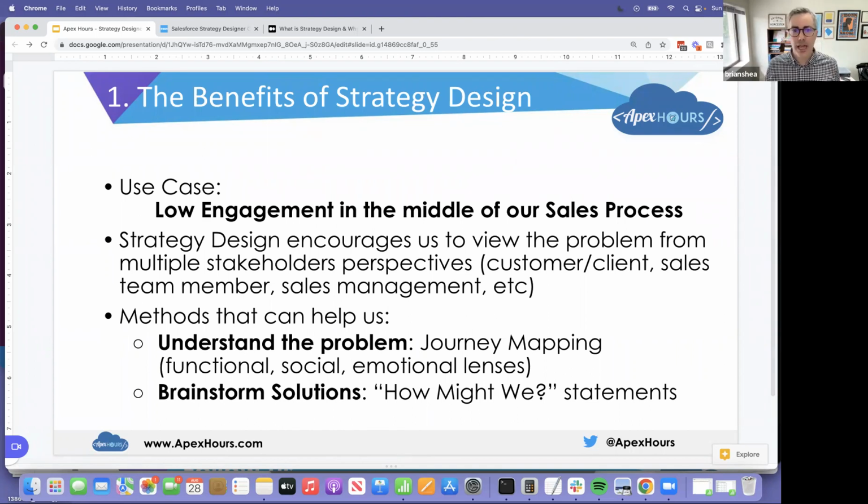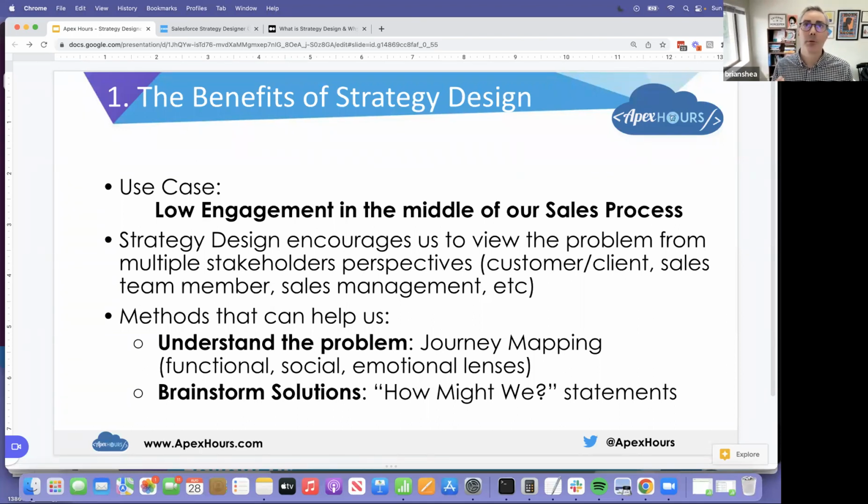We could even be looking at it from the perspective of company leadership, or even external partners, or even broader contextual stakeholders, external stakeholders beyond. So it encourages us to look at it from multiple perspectives.